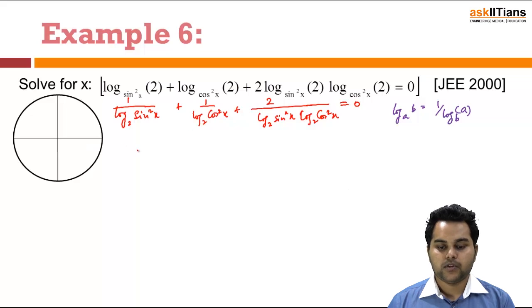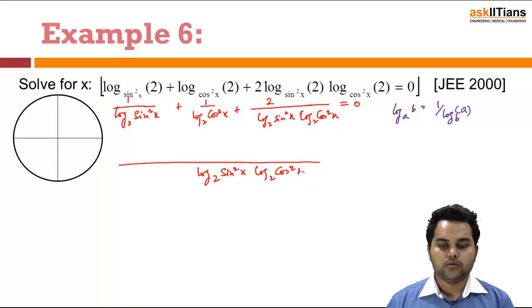Taking LCM, I get log base 2 of sine square x into log base 2 of cos square x in the denominator. In the numerator, I get log base 2 of cos square x plus log base 2 of sine square x plus 2 is equal to 0.